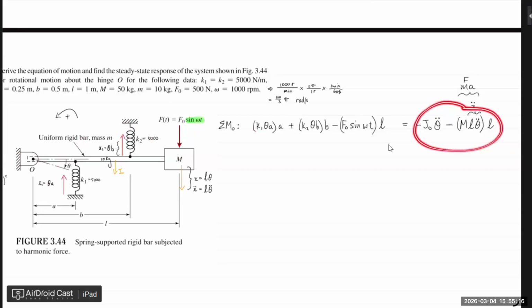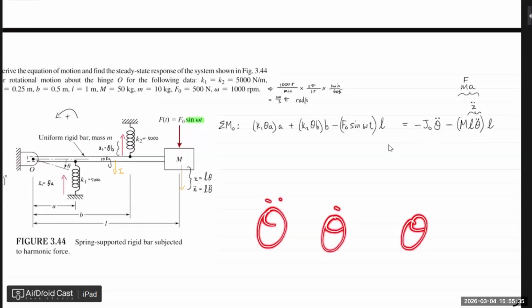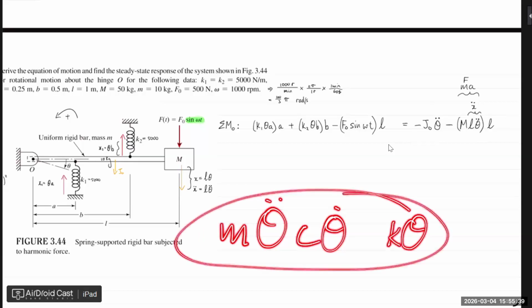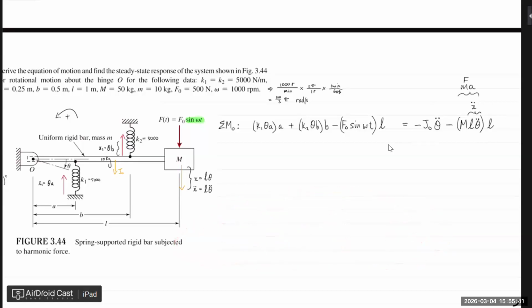And the total moment is these orange parts, which, according to my sketch, will be negative. But obviously, I'm going to take everything to the one side to be equal to 0, or the force or the moment, whatever. So eventually, everything will be as that original equation that you have about just this, M and the C and the K, that whole thing. So everything works out perfectly.